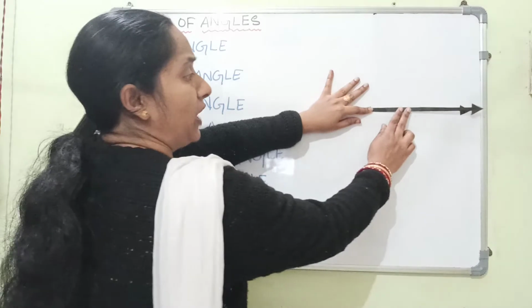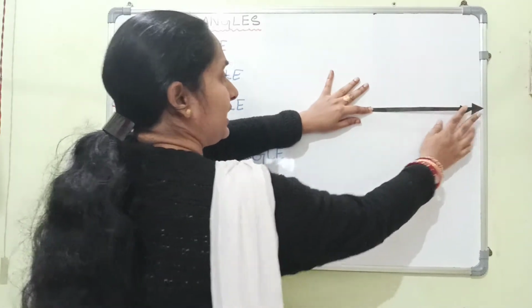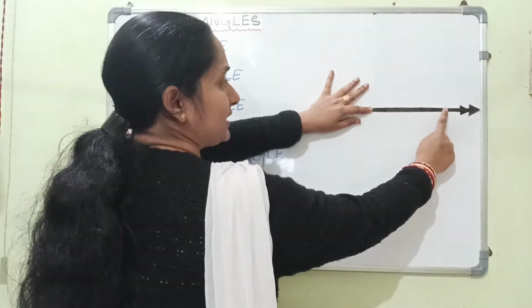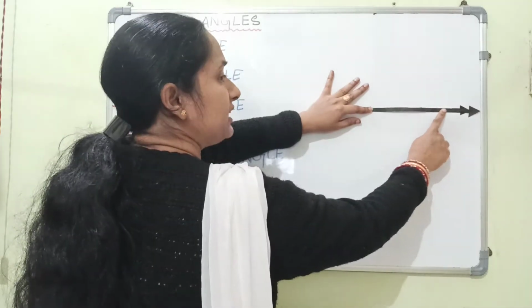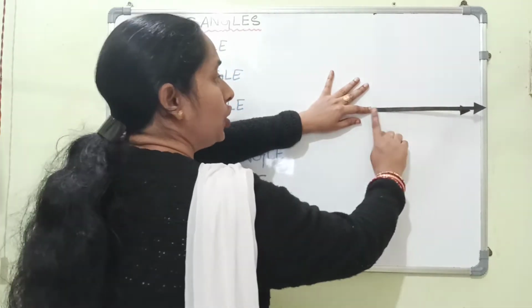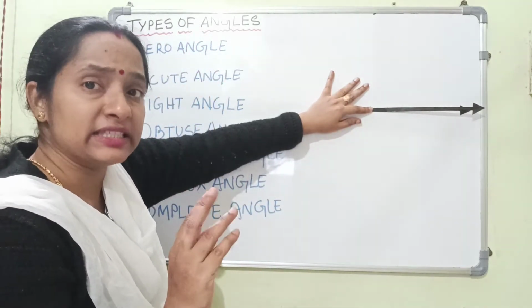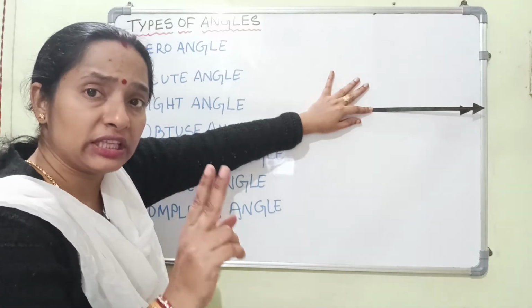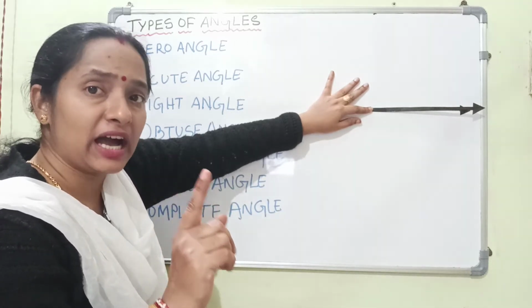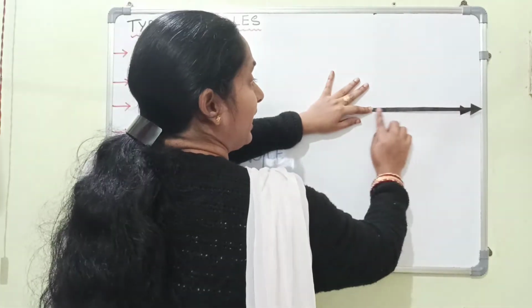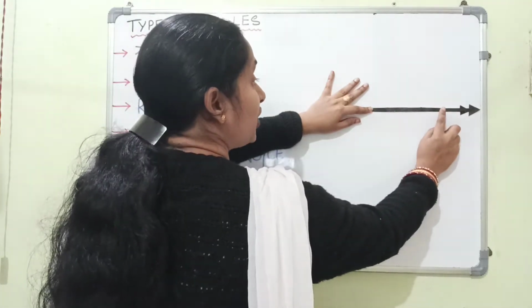Now, are these two rays or these two arms of the angle creating any space between them? No. When the space between them is zero, or both the arms of an angle are overlapping on each other, then we will call that they are creating a zero angle.